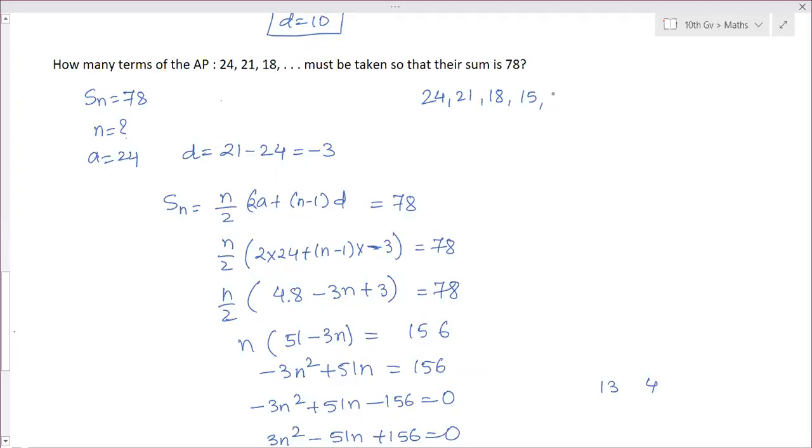Then 12, 9, 6, 3, 0, minus 3, minus 6, minus 9, minus 12, minus 15.